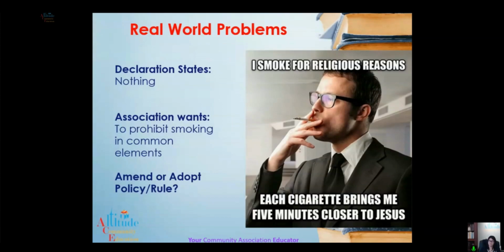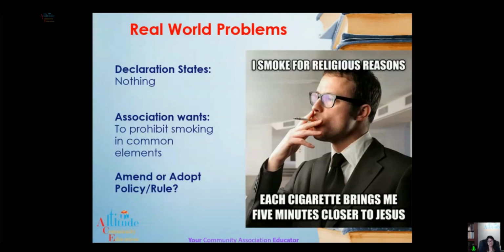Question for you. Can the board prohibit smoking on balconies if the balconies are deemed limited common elements? So in a condominium community where you have a building and the units and they all have balconies, and the balconies are limited common elements for the individual units they're attached to, can the association then prohibit smoking on the balconies through a rule as opposed to a declaration amendment?